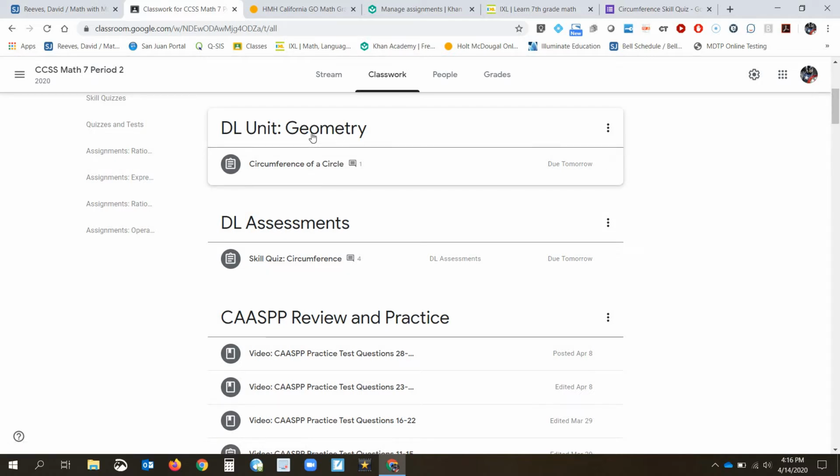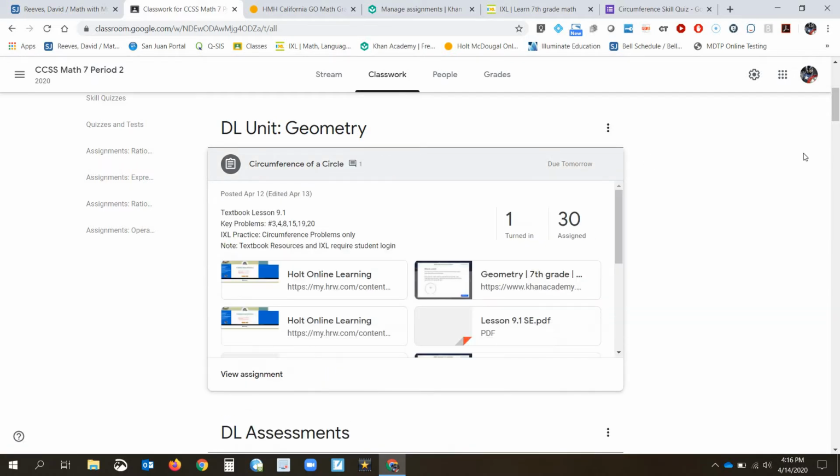As you can see, we just have this first lesson because we're just getting started. So when you have this lesson, the lesson, of course, has a title. In this case, circumference of a circle. I tell you the corresponding textbook lesson. There will probably be a few lessons that won't have a textbook lesson that goes with it, but most of them will.